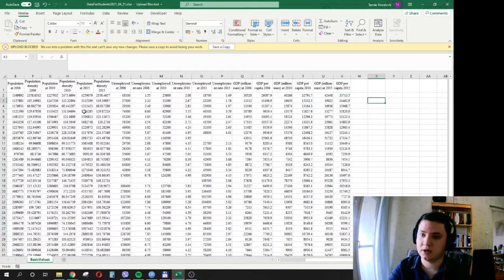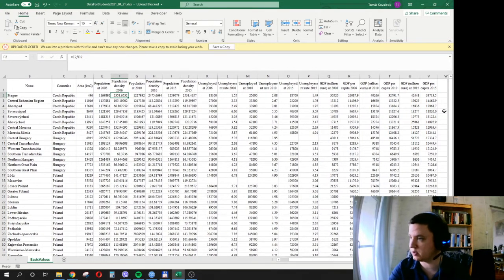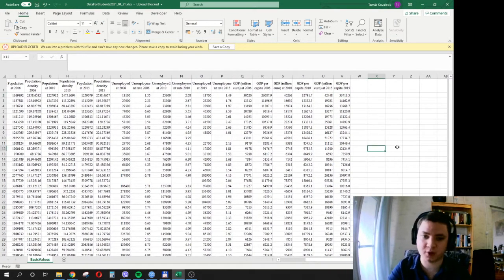All of the relative variables are calculated, and after that we can calculate the R-square number.